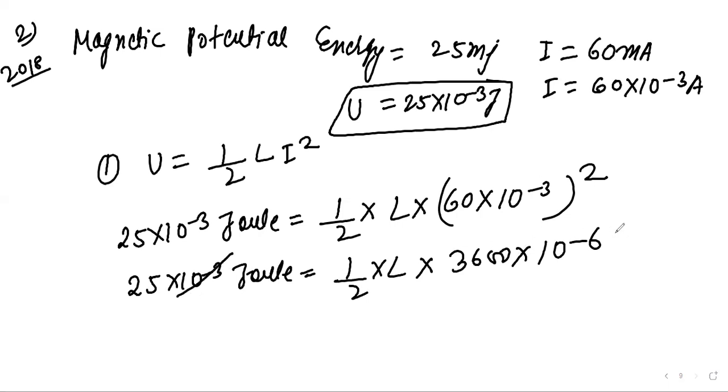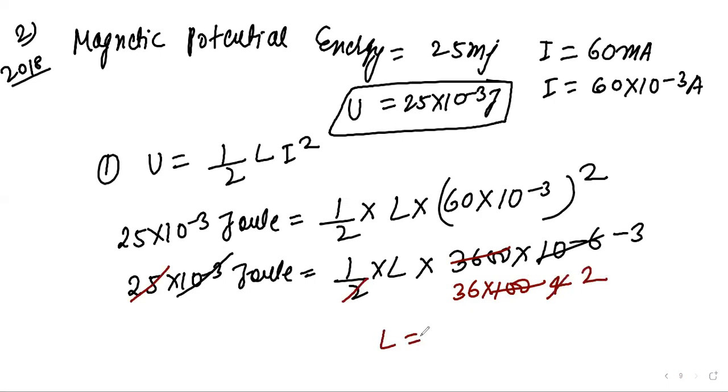So this is cancelled with this 10 raised to the power of minus 3. Next, this can be written as 36 into 100. So this 100 is cancelled by 4 by 25, right? Now this cancels by 2 times.